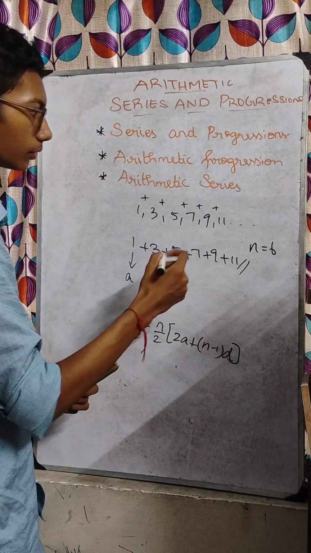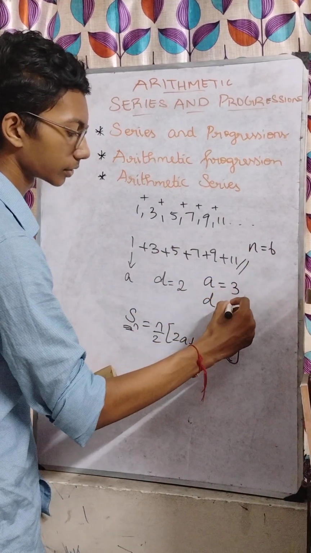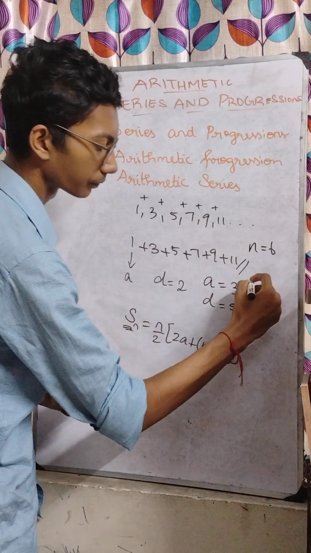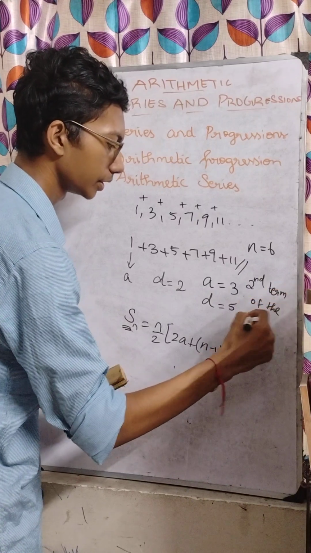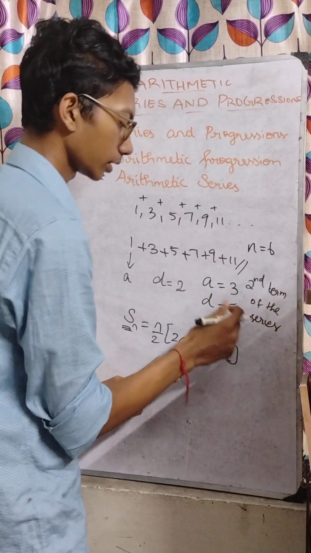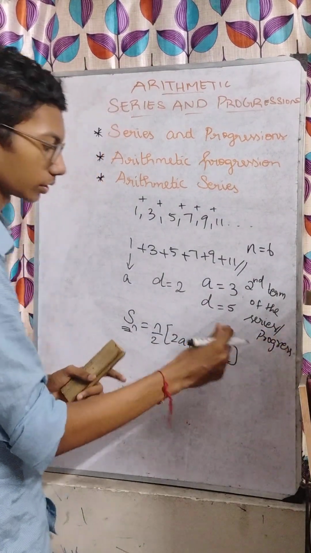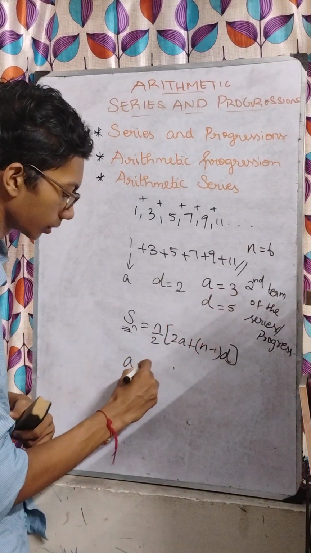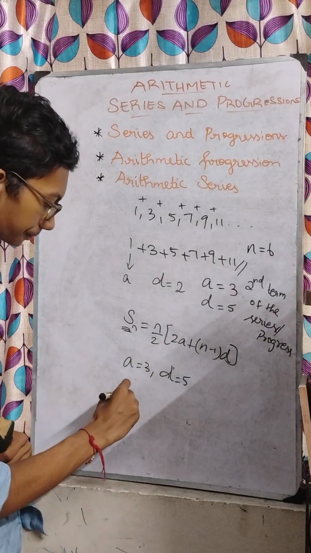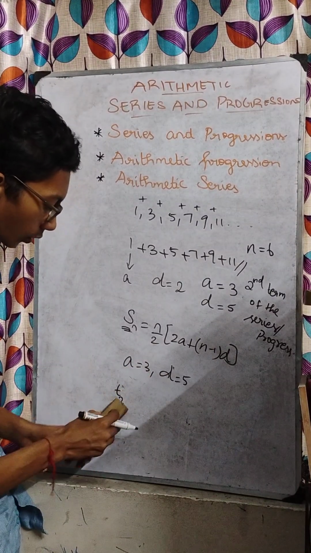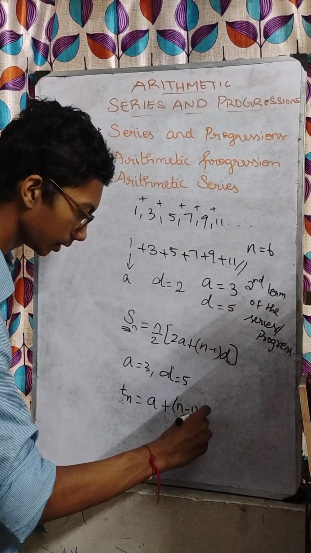Before that, let's say we have a series that starts with 3 and the common difference is 5. Then find the second term of the series. For that we will use the formula for the series or progression, because we are not calculating the sum. So if we have a equals 3, that is the first term, and the common difference is 5, then what will be the second term? That is t2, and we will write the formula as tn equals a plus n minus 1 d.